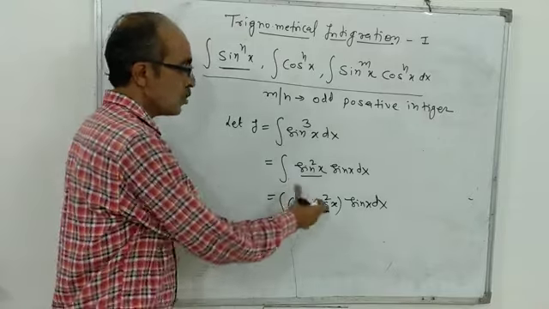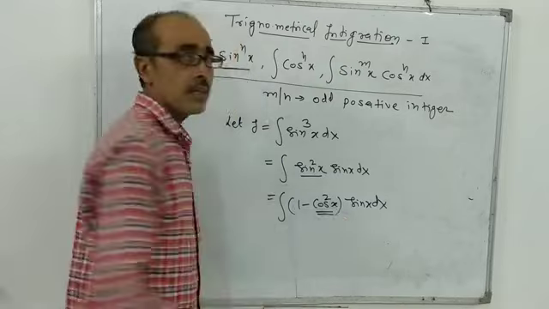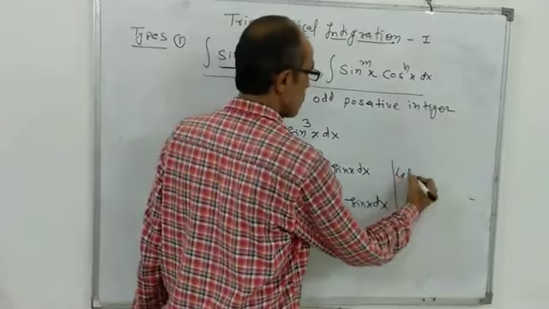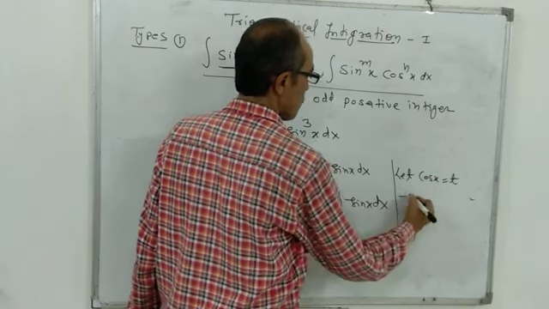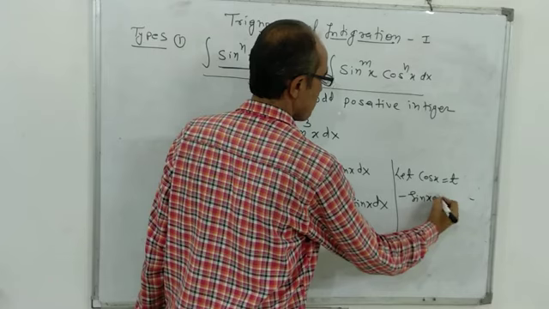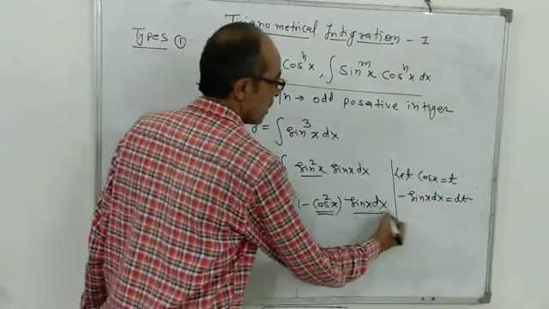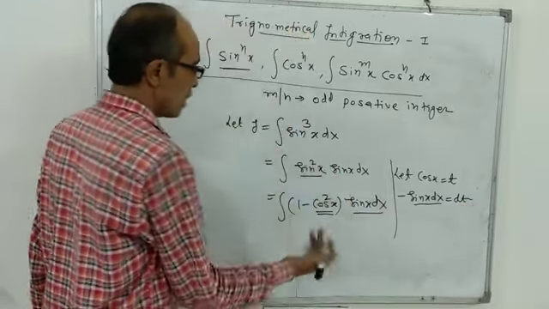And now we use the substitution method. Assume that cos x is a variable t. Let cos x equal t, and negative sin x dx equals dt. So sin x dx changes into negative dt, and cos x is t.